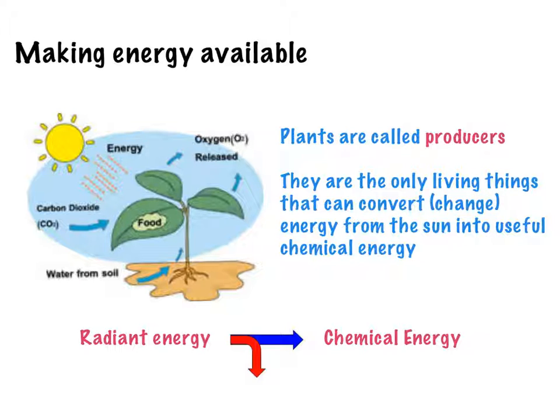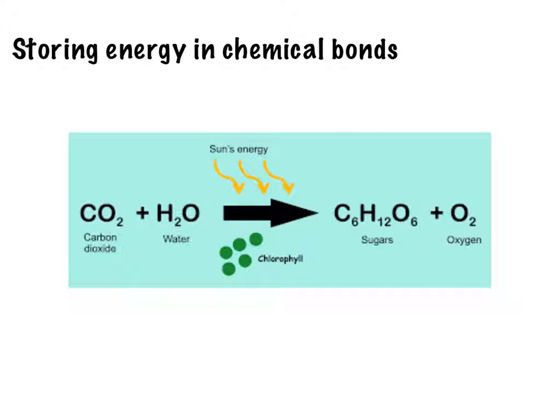Obviously not all of the energy is converted to chemical energy, and some energy is released or wasted, so it doesn't end up with what we've got. That is typical for any energy change. What we say is this is a special process called photosynthesis.